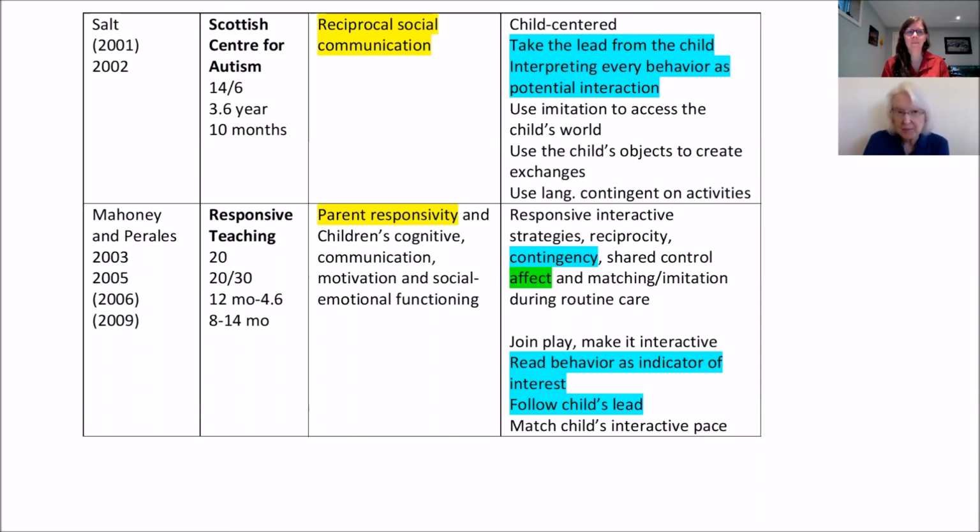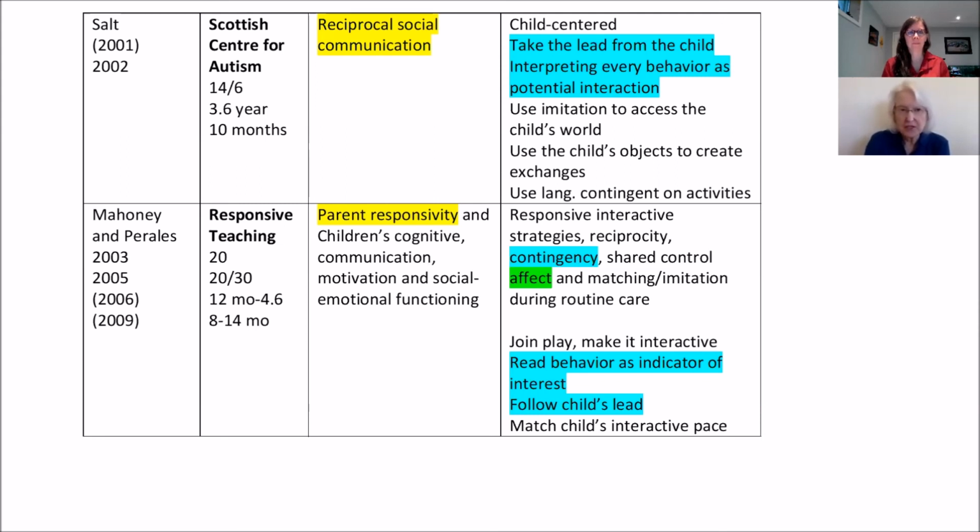The numbers I put there on each study, 14-6, that's 14 children that were enrolled, and 6 which would be controlled if it's a controlled trial. In this case, it was a waitlist trial. Then the age of the children, and the months of the intervention.